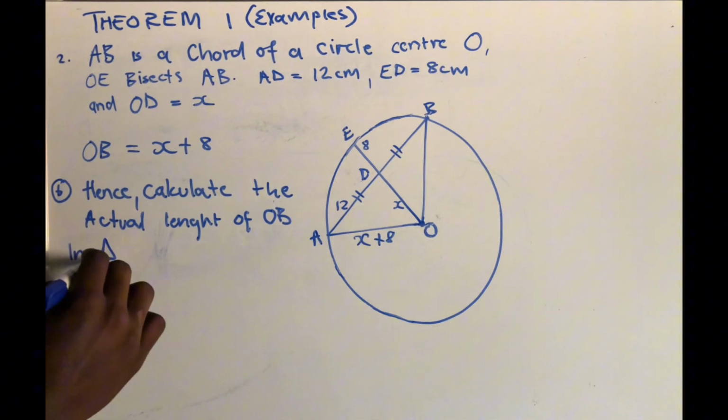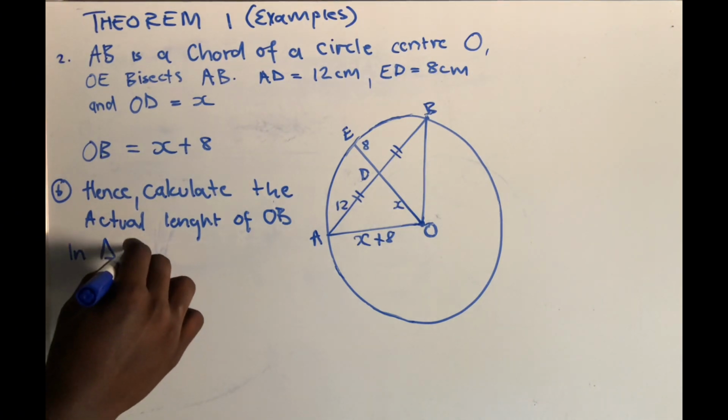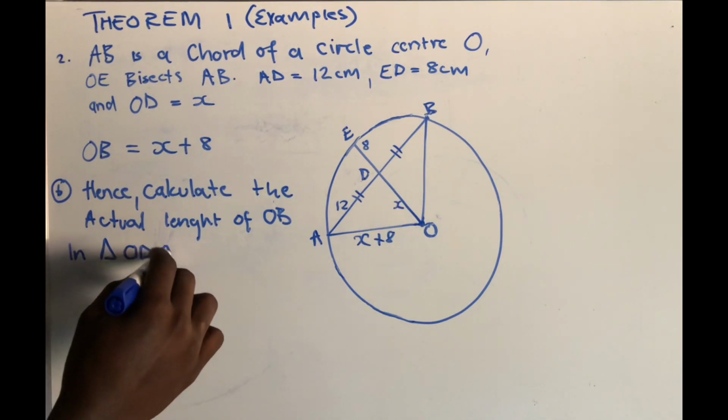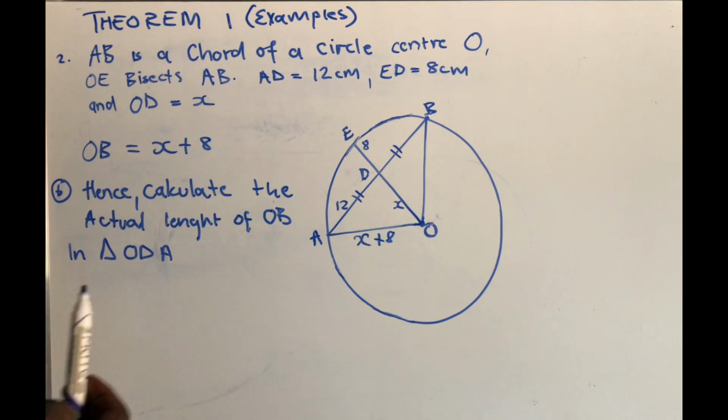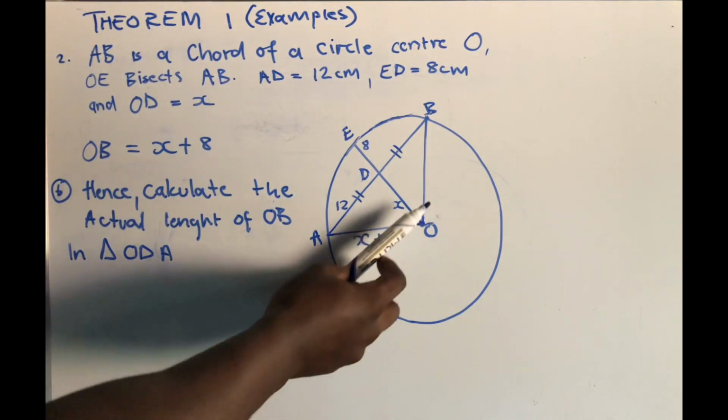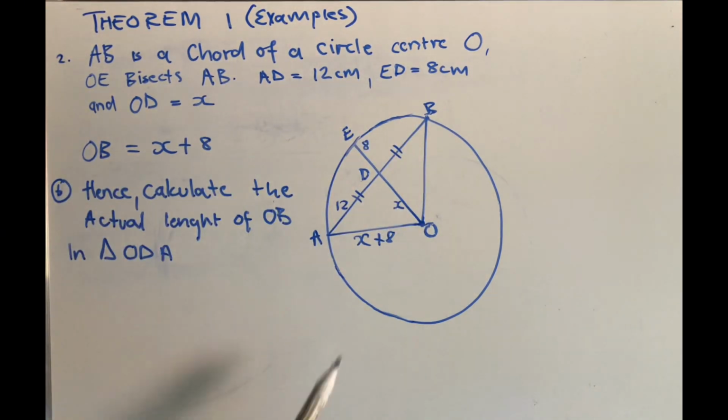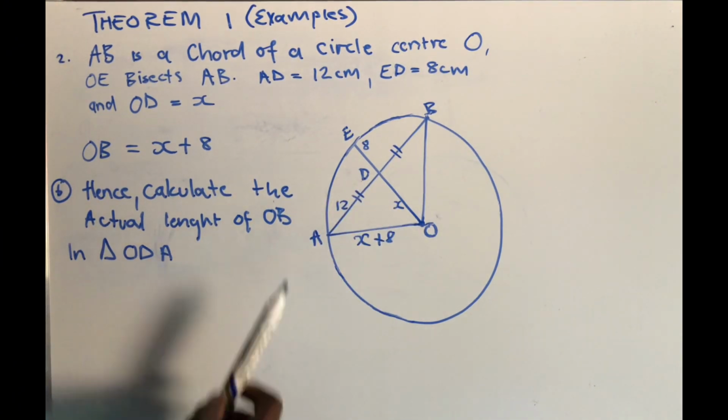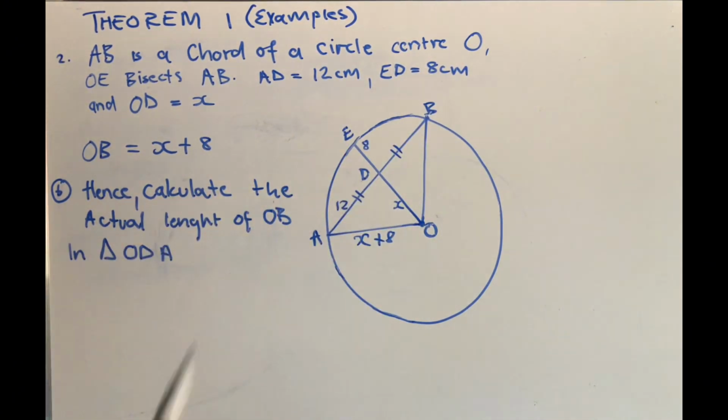In triangle ODA, it's very important to specify in which triangle you are dealing with, because here we can see there are three triangles. There's OAB, there's ODA, and OBD. So you have to be specific so that the marker cannot get confused when he or she is marking your paper.